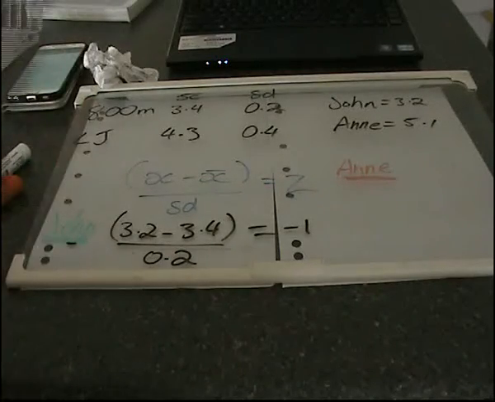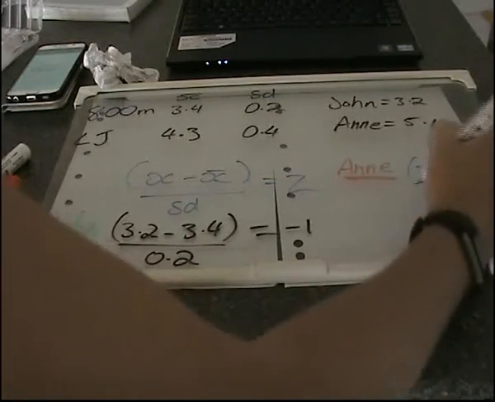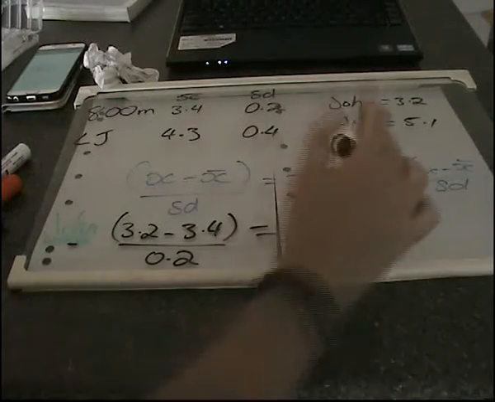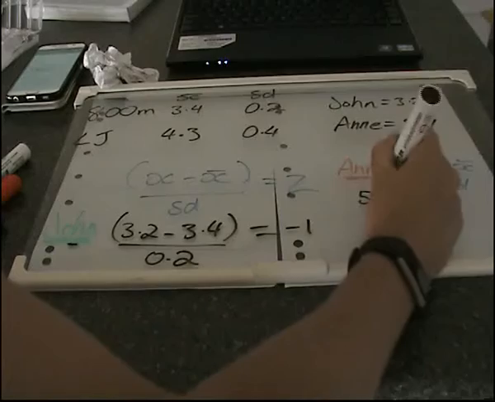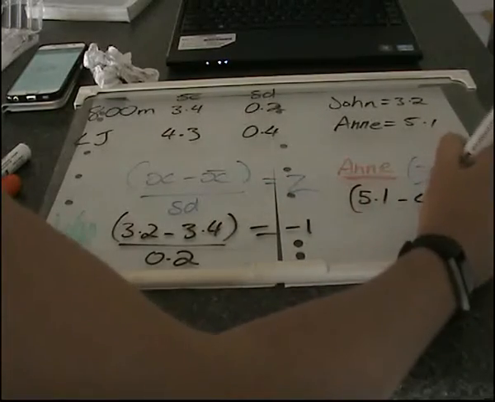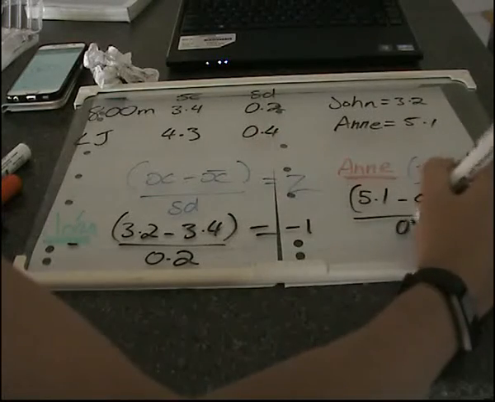Using the same formula, so our formula of X, take X bar, close brackets over SD. Anne's X is 5.1. Take her X bar, which is 4.3, over the standard deviation of 0.4.